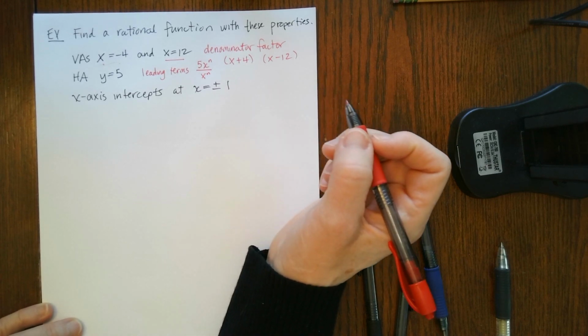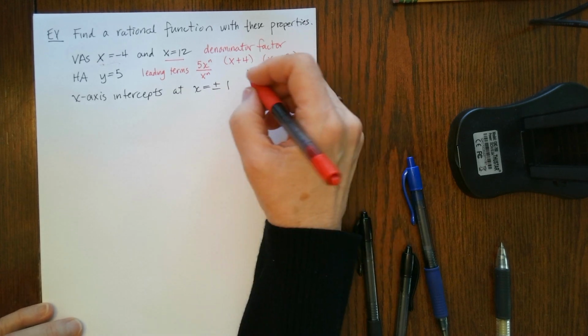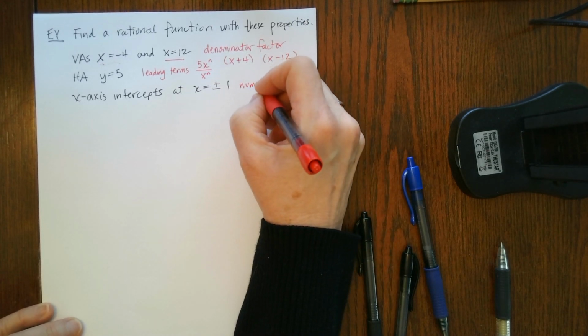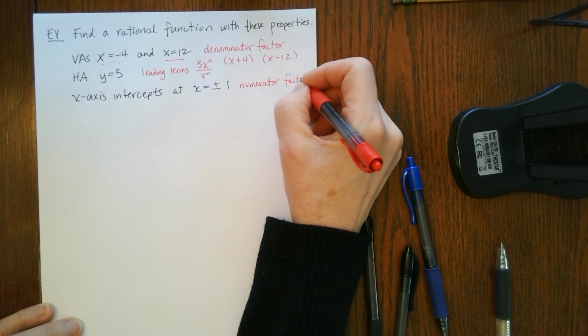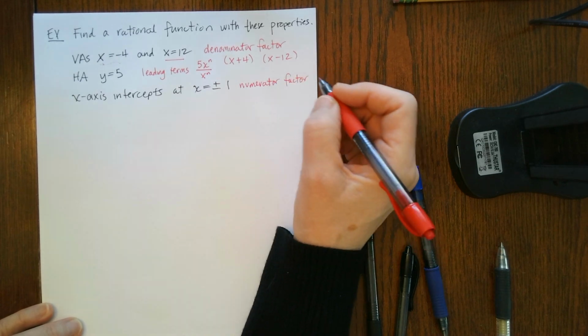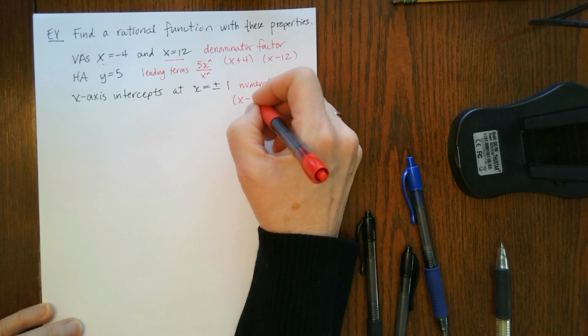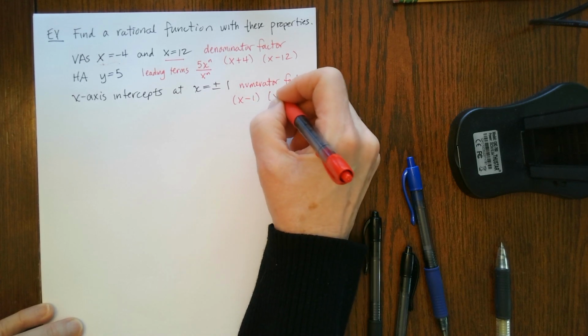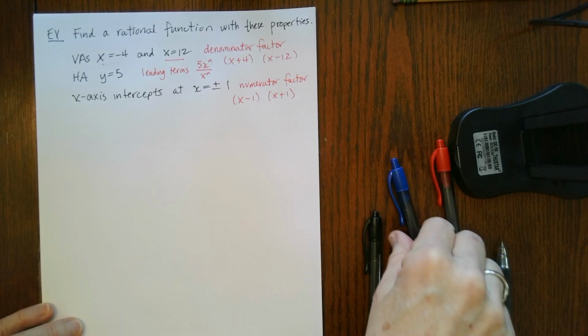And then the x-axis intercepts at x equals plus or minus 1 means that the numerator is going to have two factors, and those two factors are going to be x minus 1 and x plus 1. So what does our function look like?